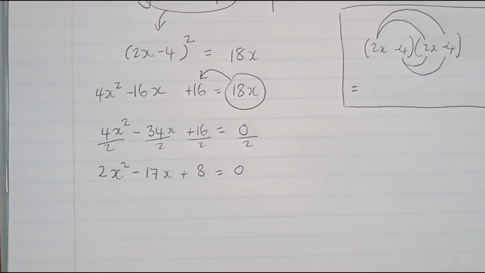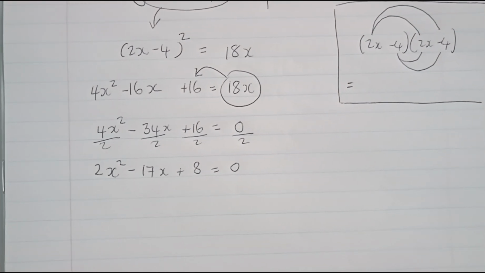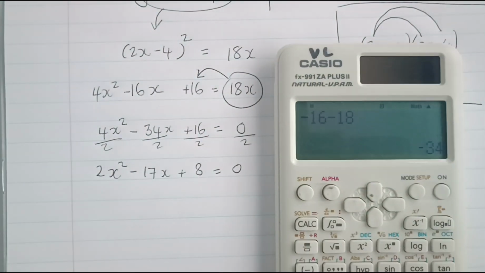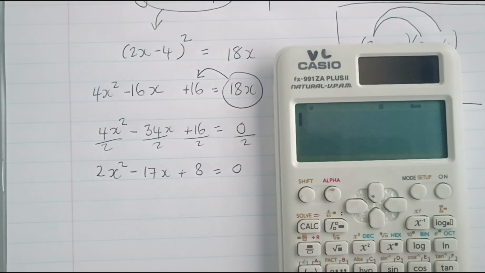Right, so we need to factorize this now. I think I'll factorize it for us, but there's multiple ways to do this. Let me maybe show you this one. If you are fortunate enough to have this white calculator, you can go to mode, number 5, which is equation, and we're going to pick the quadratic equation, which is number 3. Then you put a, b, and c in. A is 2, b is minus 17, and c is positive 8.